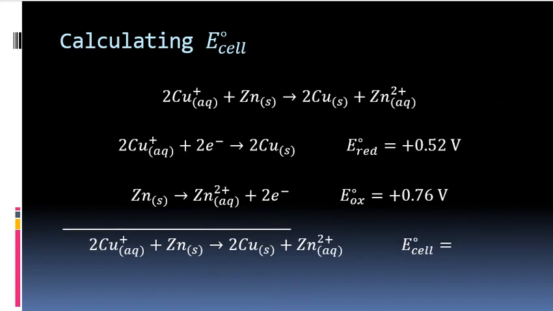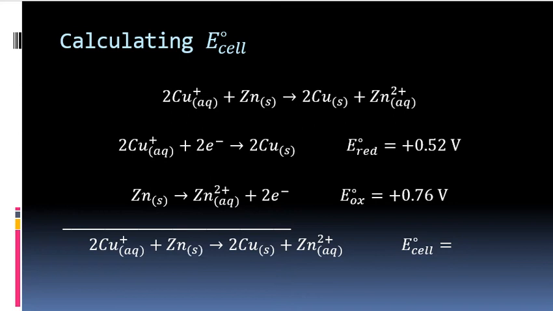Now, just to show that in a different slide, cool. We now have our standard reduction potential for our reduction half reaction of copper. And even though we multiplied everything by 2 in that half reaction, the standard reduction potential does not change in any way. You do not multiply the number. Now for the zinc half reaction, we took its reduction half reaction and flipped it around so that it is actually an oxidation half reaction. Doing so changes the sign of the potential.